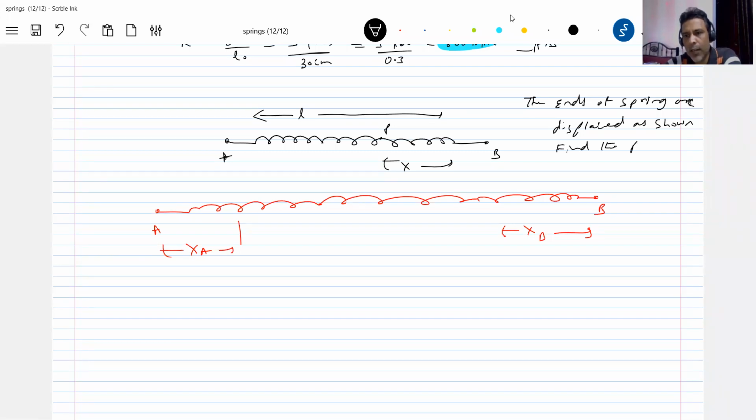Find the point P on the spring which will be at rest, or which will not undergo displacement. This is very important: which will not undergo displacement. Is it possible? So the point P will not move.